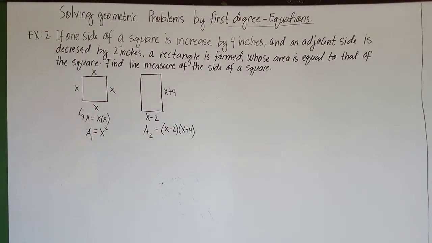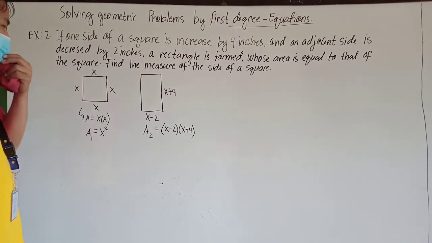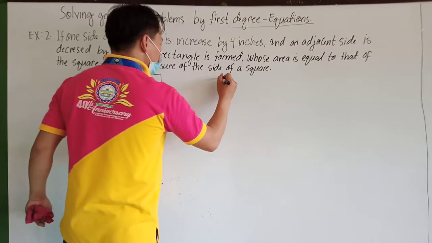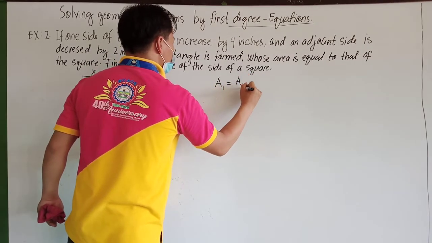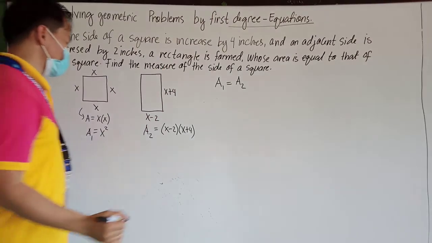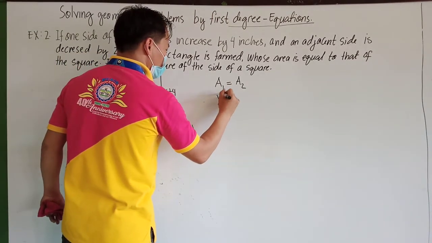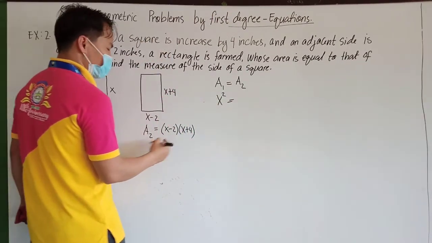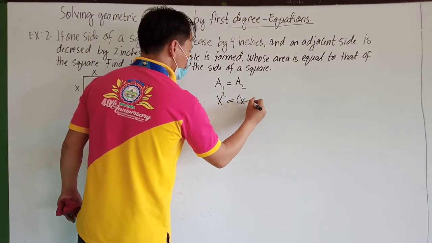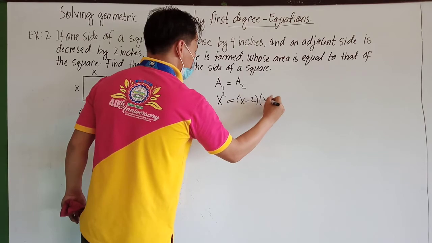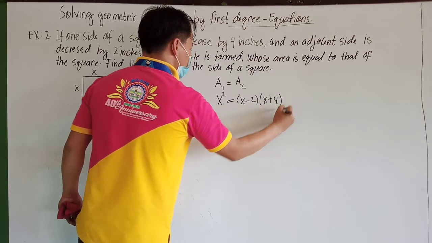Then, to solve for the side of the square, we will equate A1 equal to A2. We have A1 equal to x squared, and for A2, we have x minus 2 times x plus 4.